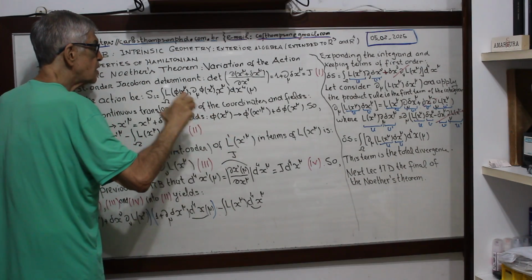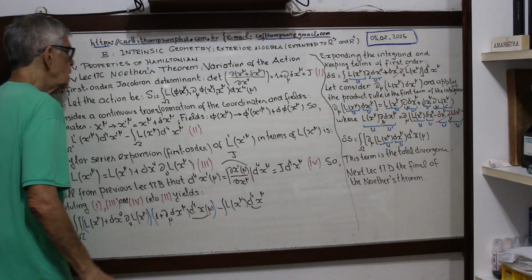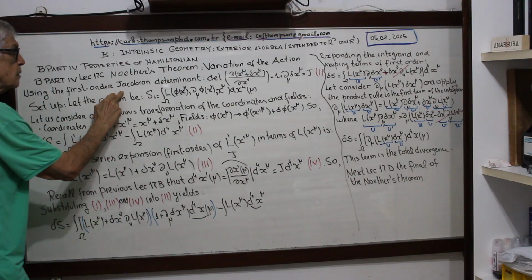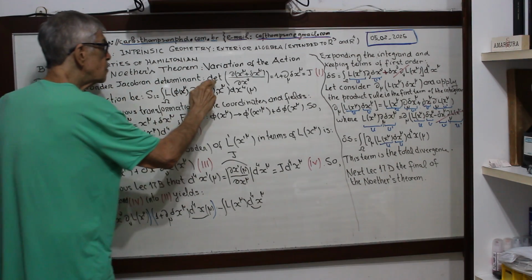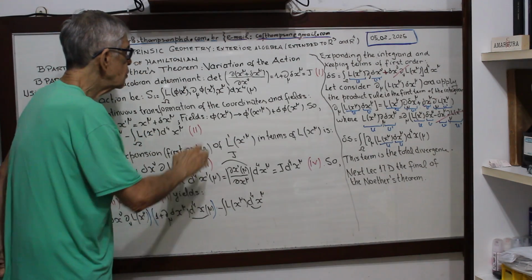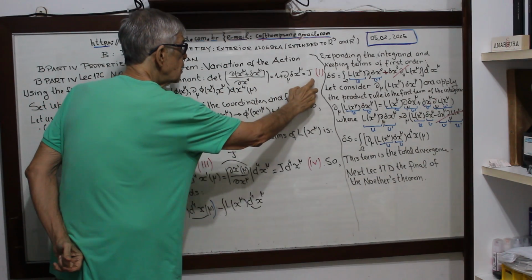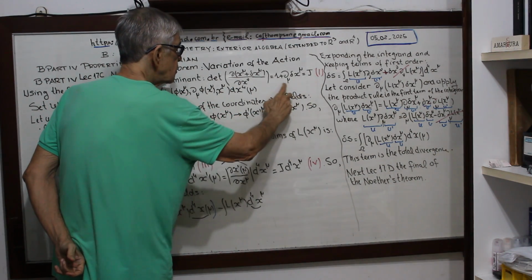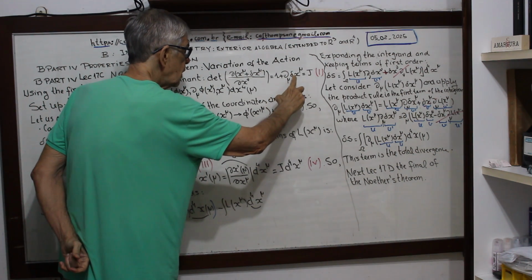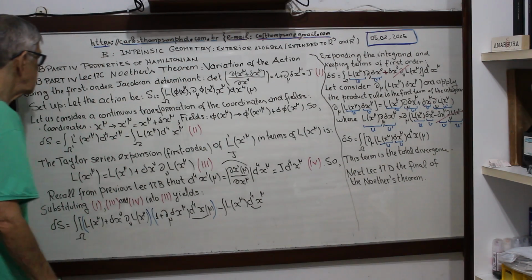This subject here is a variation of the action, using the first order Jacobian determinant, which is from the previous lecture 17b. So this leads to the determinant, the Jacobian, which is 1 plus the partial derivative with respect to mu of delta x mu. So we already derived this.